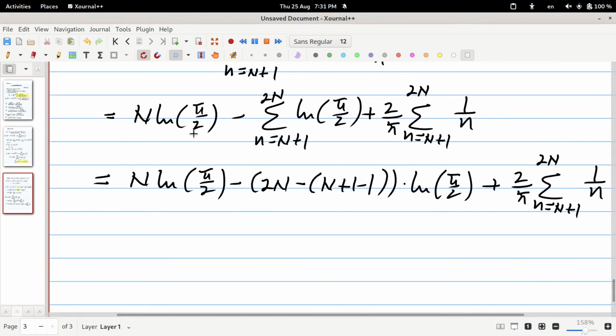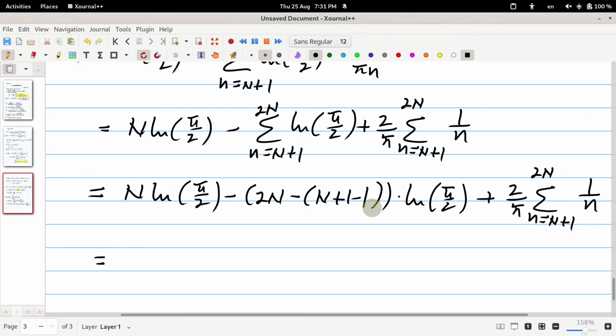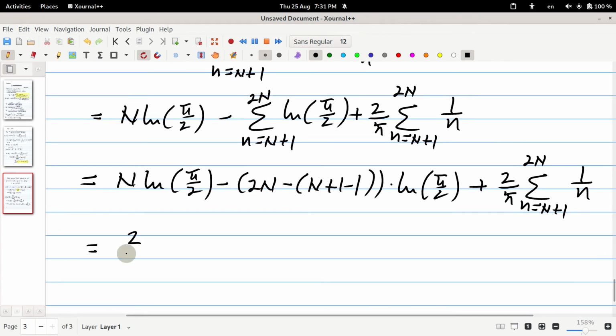There it is. This just reduces to n, so that cancels out entirely. So we get 2 over pi times the sum from n equals n plus 1 up until 2n of 1 over n.